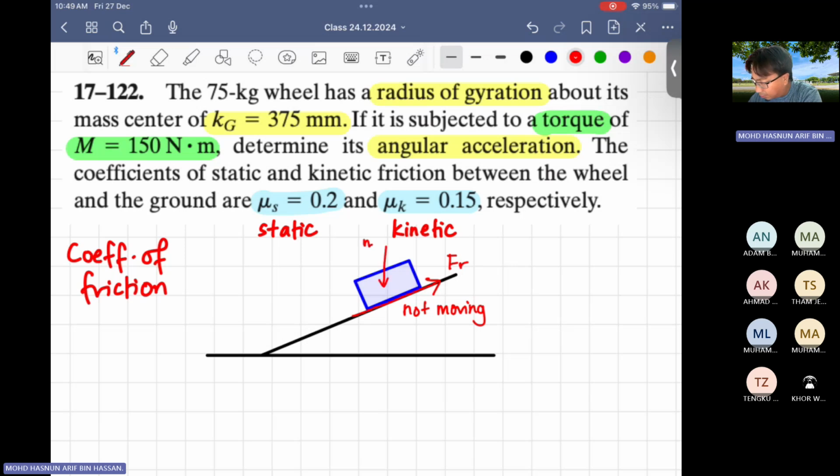This is mg, this is the normal force N. When it is not moving, the friction is calculated using mu s times N. That is why it is called coefficient of static friction, because the object is not moving.